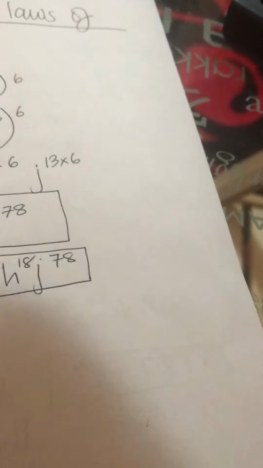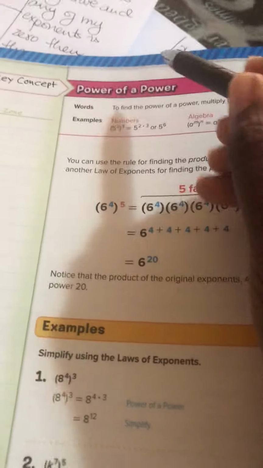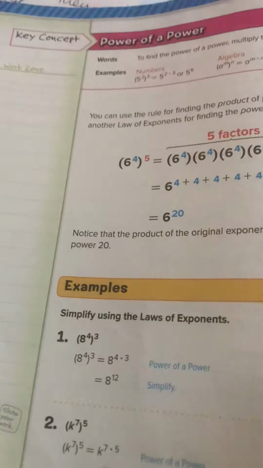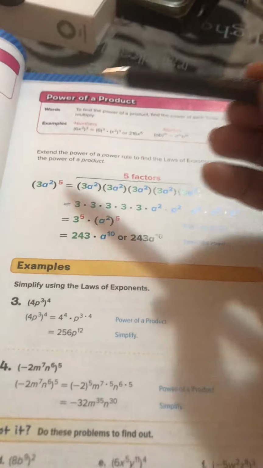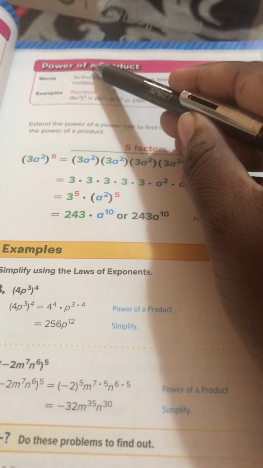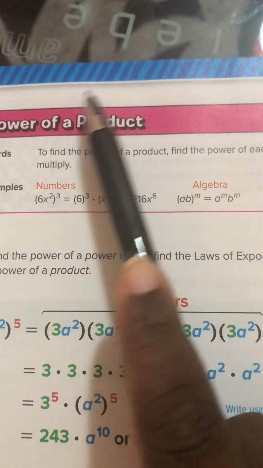Now, let us do the second part. So, we have done this part, power of a power. We have done that. So now, we are going to do power of a product.